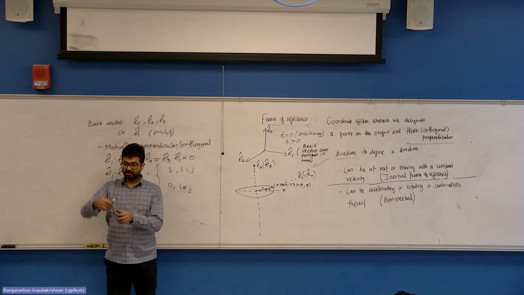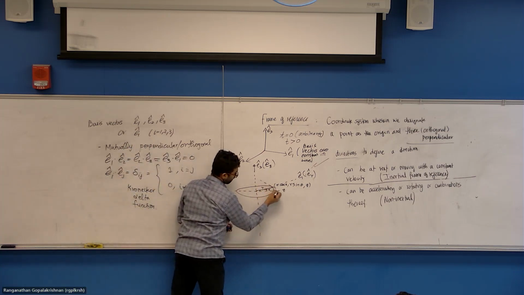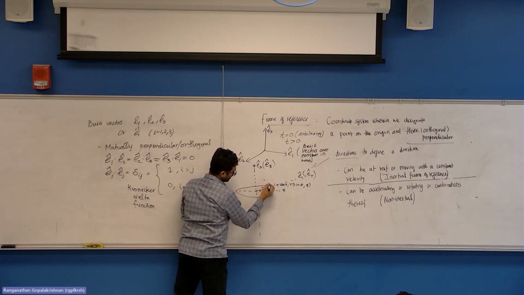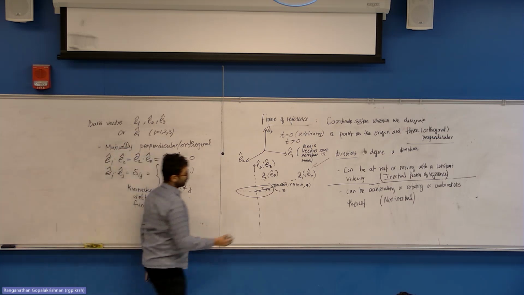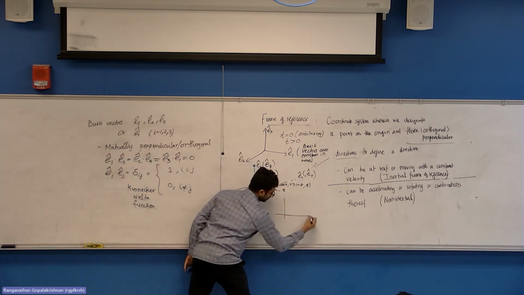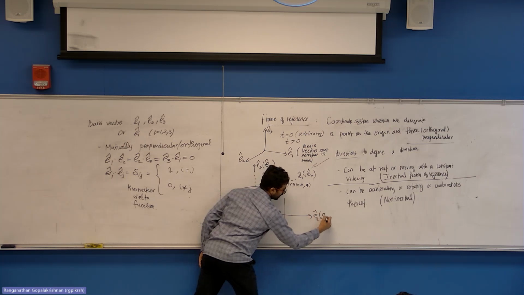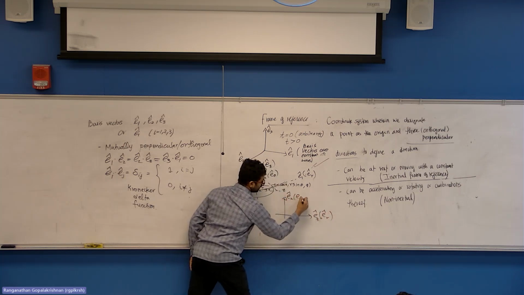And the direction that's perpendicular to the radial direction would be the tangential direction, which we'll say is E2 or E theta. So for simplicity, if I draw this here, this is E1, that is ER, and this is E2, which is E theta.